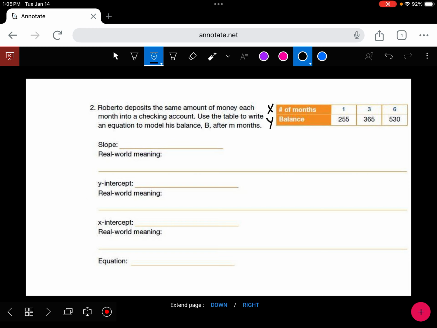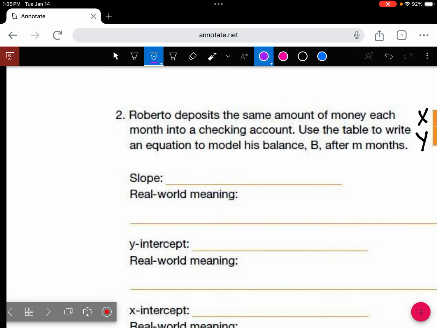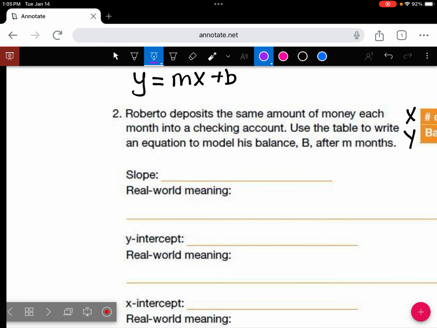How can we figure out our slope? We're used to thinking about slope in terms of y equals mx plus b, that kind of guy. And so we're thinking about that m being our, again, rise over run.